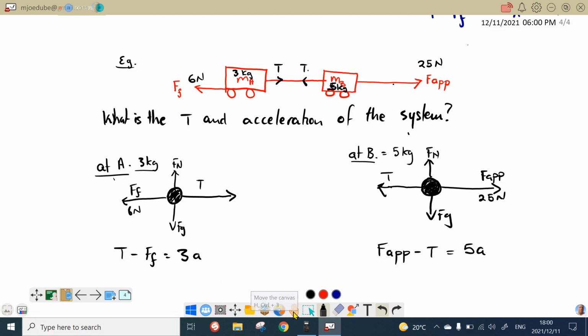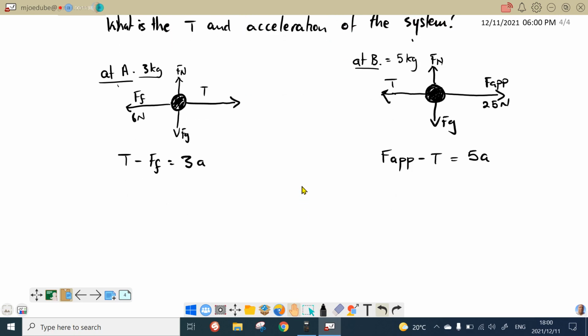So with these two equations, I'll call this equation 1, and this is equation 2. I will then add or subtract the two so as to solve my unknown.